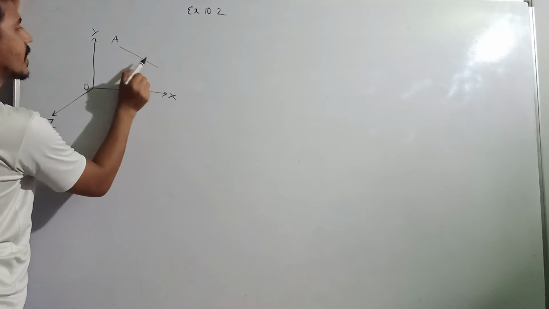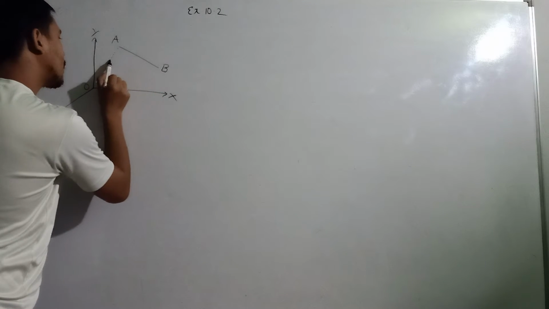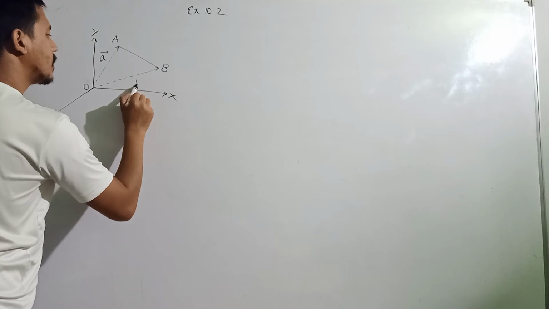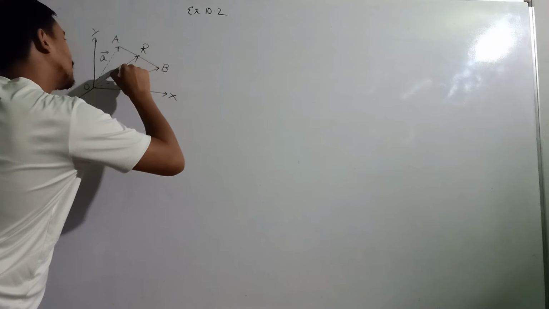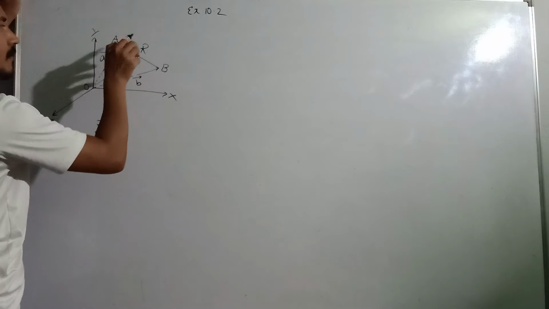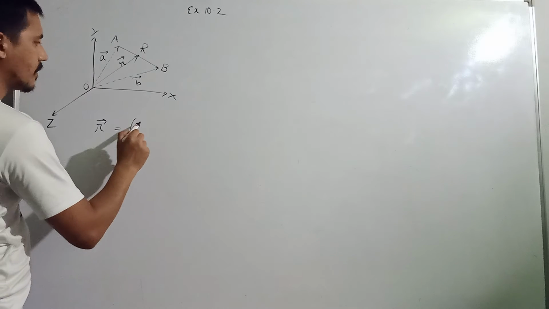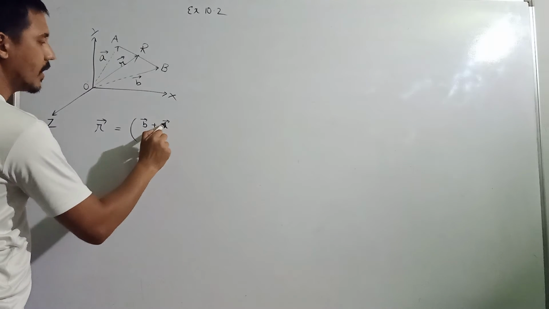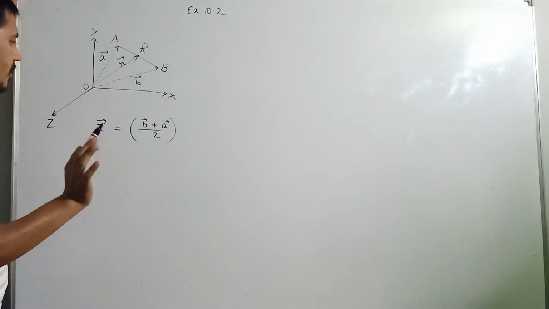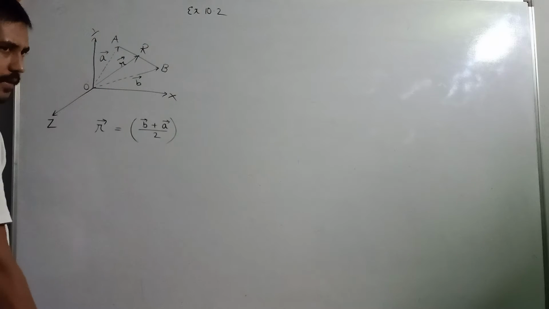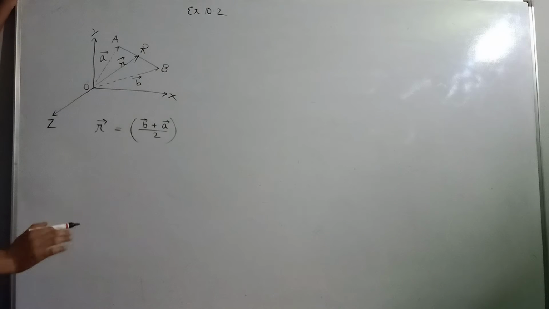There is a line joining 2 points A and B. Let's say that the position vector of this A be given by vector A, and position vector of the point B denoted by vector B. If R is the midpoint of the line joining the 2 points, then the position vector of this R denoted by vector R is given by, very simple, vector B plus vector A divided by 2, with no ratios M and N. Actually you are considering M is to N to be 1 is to 1. So you have to apply this formula in order to solve that.